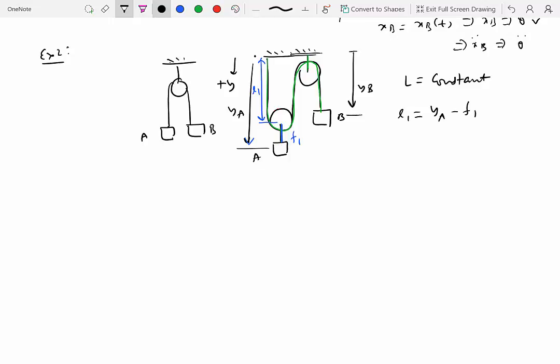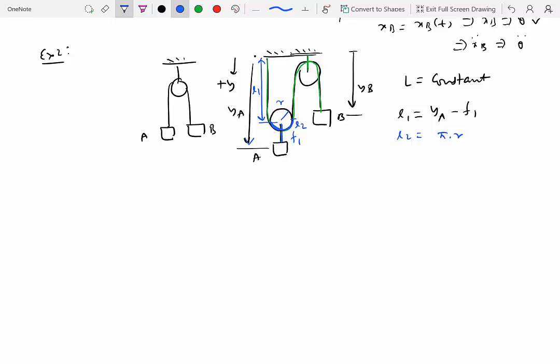Now let's talk about this part of the cable right over here. Let's say this radius is R and this is a semicircle. Then this part, we'll call it L2, which is the curve length, is pi times R, which is also fixed because the radius of the pulley is not going to change. And we'll assume that it's always a semicircle, or whatever the contact length is, it remains the same.